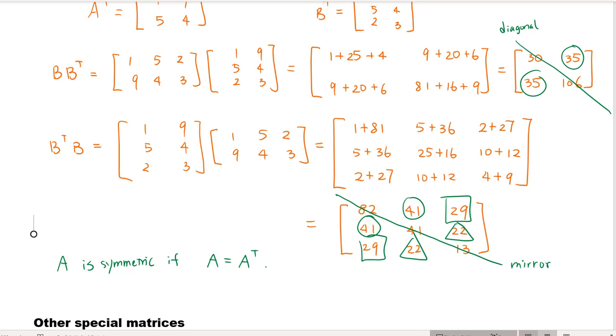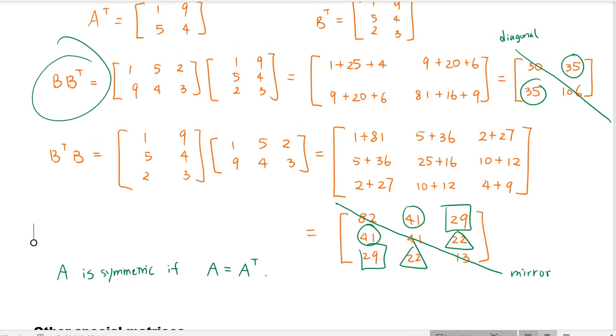So we can see B times B transpose or B transpose times B, the results are symmetric. You can see these two, they're both symmetric. And this is true for all matrices. Okay?